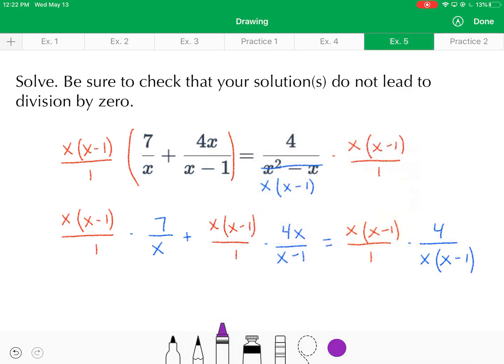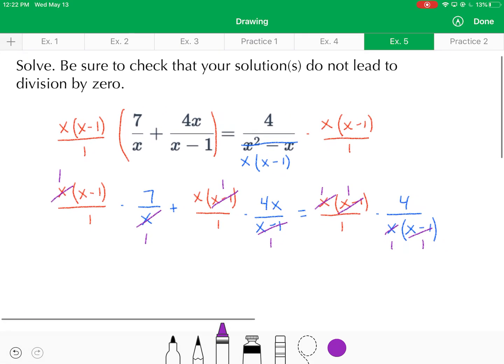Then reduce what you can. Those reduce to ones. Those reduce to ones. Ones. Ones. So what's left over?